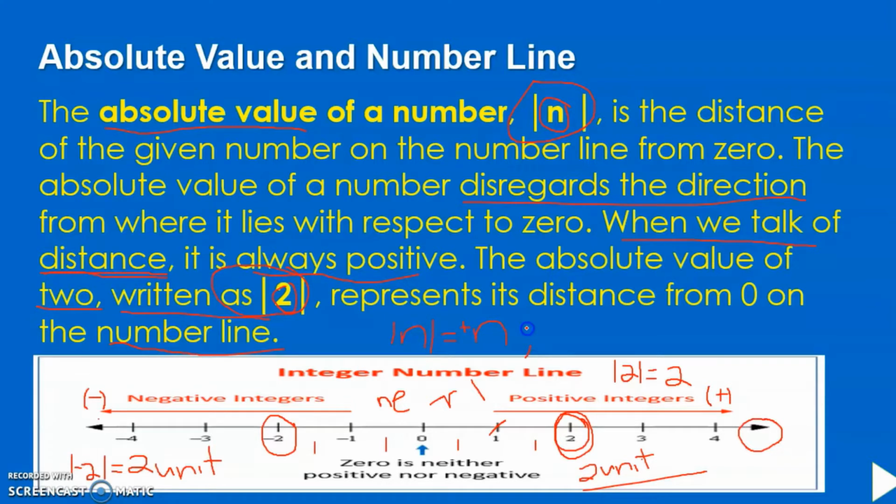In other words, in general, any integer, such as positive or negative, inside the absolute value sign is equal to a positive integer. So it's written here that the absolute value of a positive or negative integer is equal to a positive integer.